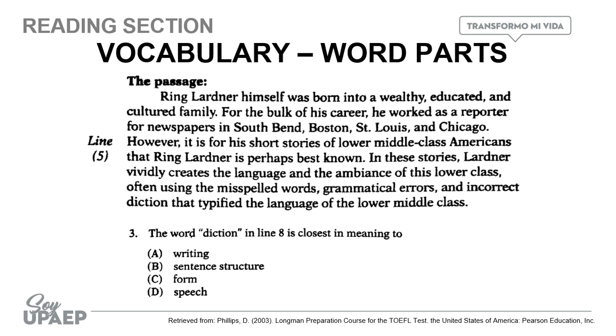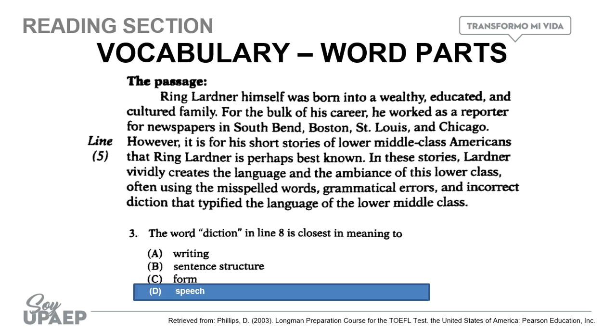Okay, so if you notice, it says an incorrect diction. So we can determine that the word diction means speech. So it is important that you know the word parts, but it is also important that you double check the meaning of the word with the context of the passage.